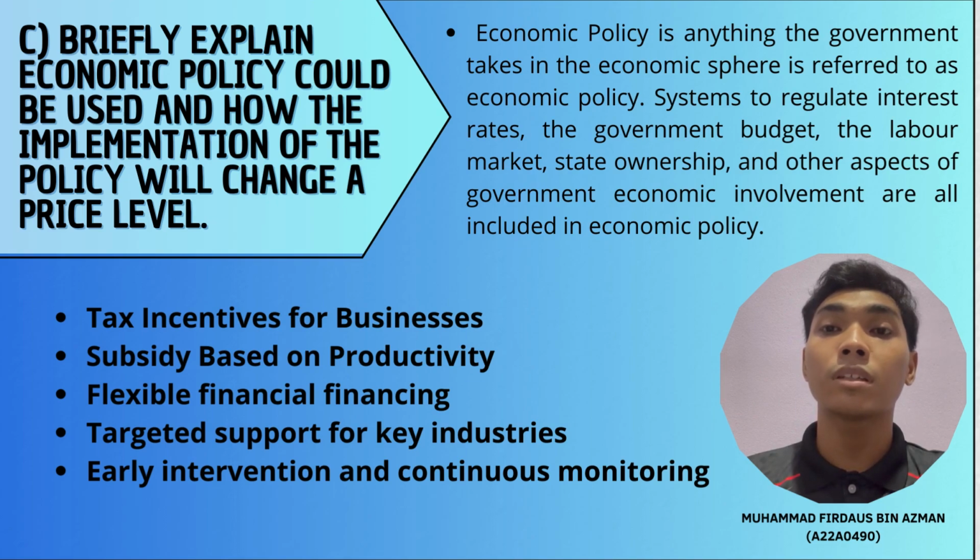The fourth is targeted support for key industries. Assistance to critical industries facing supply chain disruption includes financial support, relaxed regulation, and easier access to raw materials to maintain stability and prevent price hikes.